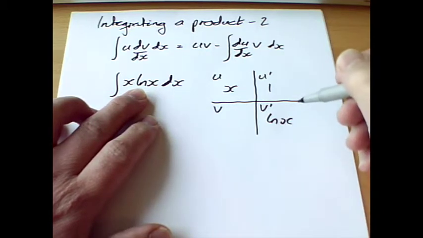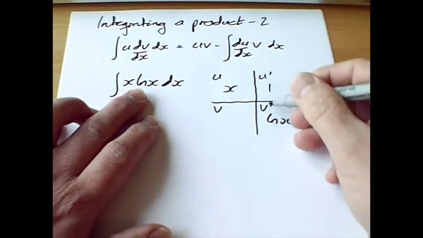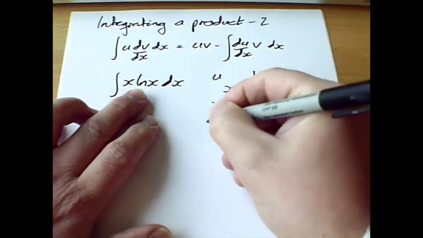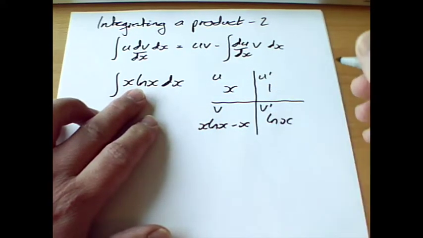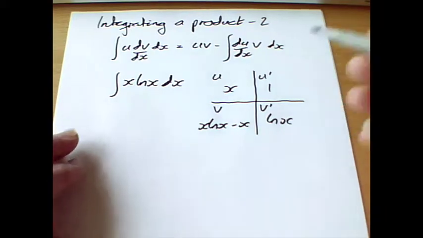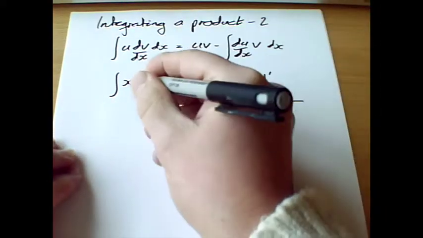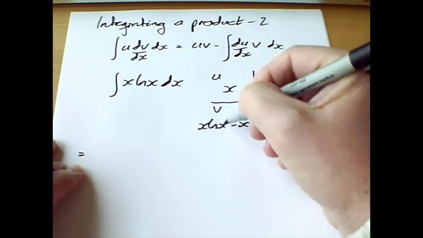Now, we're going to be getting a bit suspicious in a second, because having chosen v prime as ln x, we need to integrate that. The integral of ln x is x ln x minus x, which ought to be ringing alarm bells at this point. Let's see if we now complete the formula, and we'll see what happens. So our integral at the moment is going to give us the left-hand side here, our uv.